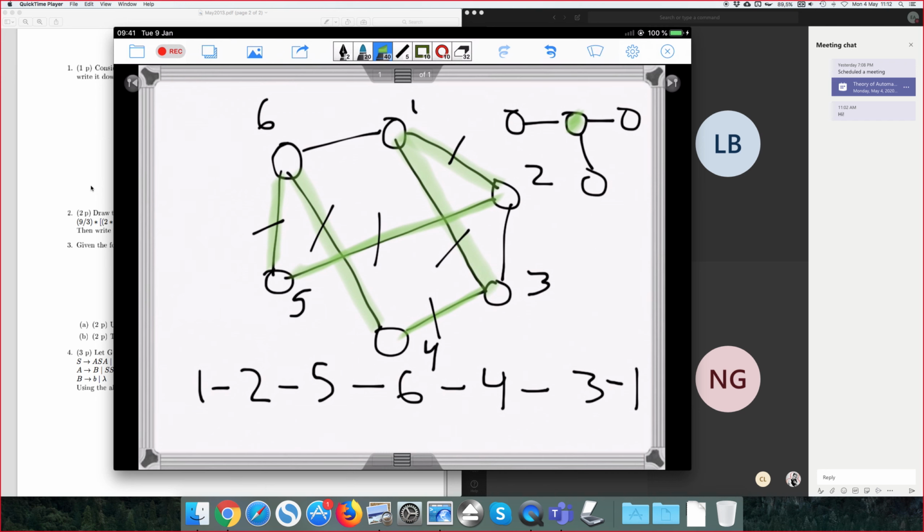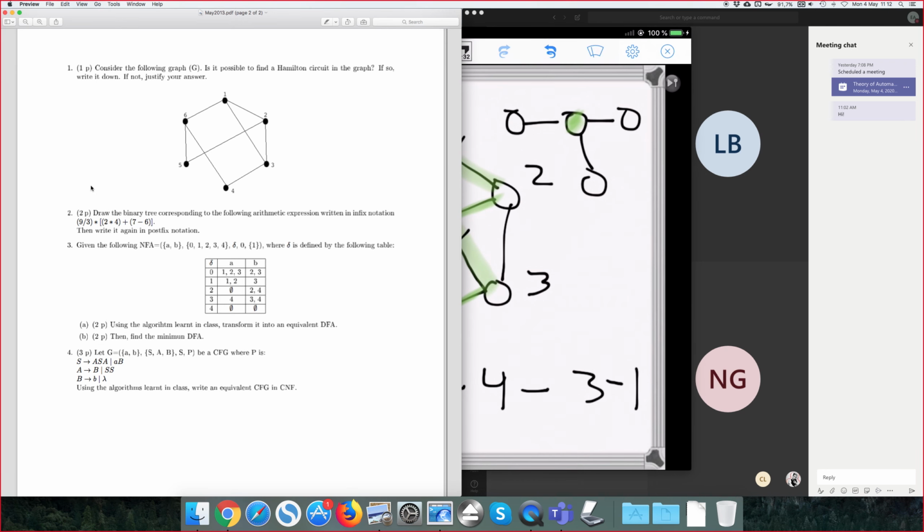Okay, so let's move to exercise 2 in this exam. Okay, here we are given an arithmetic expression which is in infix notation, and we have to first draw the binary tree corresponding to the expression, and then traverse the tree in post order to get the postfix notation.